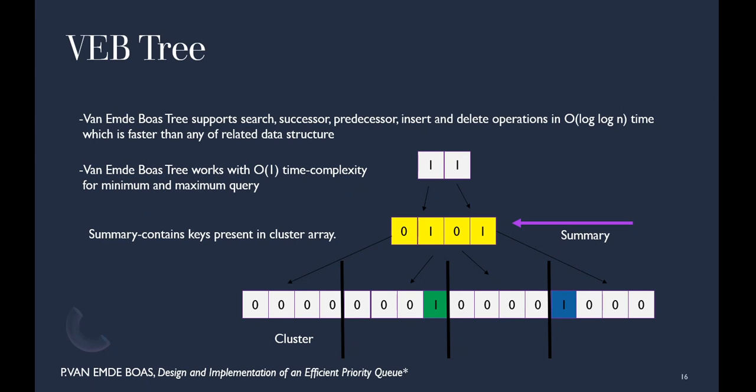If the above is not the case, then we will call successor over the summary to find the next true value in the summary. Then we proceed to the next true value of the summary and find the minimum key present in the cluster, which will be the successor of the key.